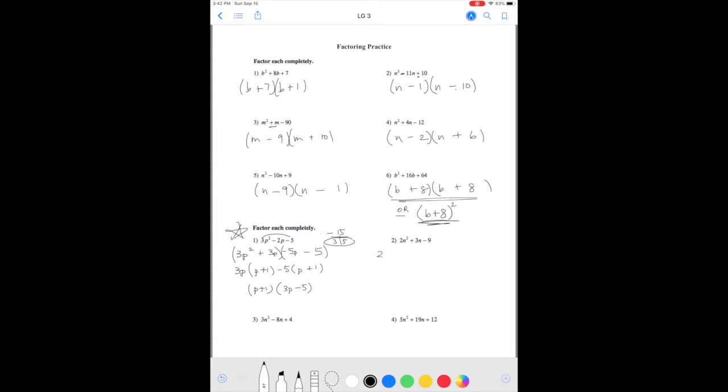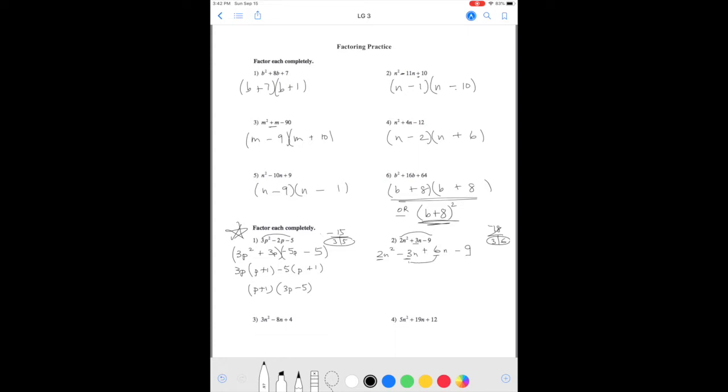So here we have 2n squared and minus 9 times out to get minus 18. And we're looking for 3 and 6 because that gets me that 3. So a 3n and a 6n and a positive and a negative. Okay, so if you take a quick look at this, things that are common, not so much.